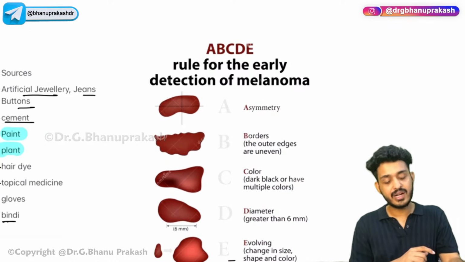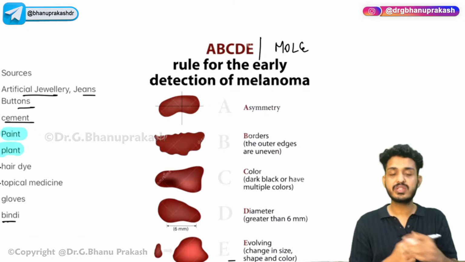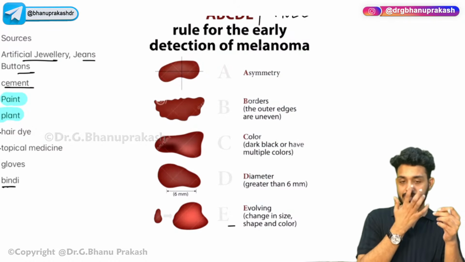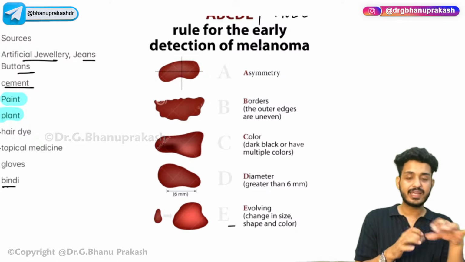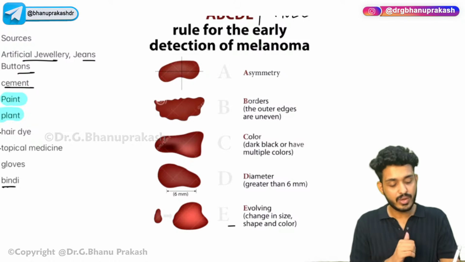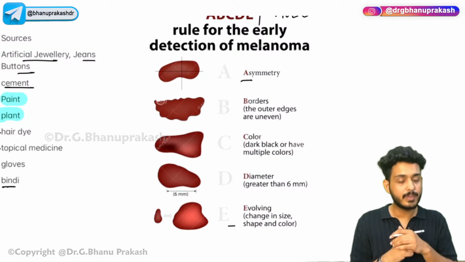And now lastly we are distinguishing between a melanoma and a mole. How will we distinguish, sir? We need to check for melanoma. We will be ruling it out with the help of A, B, C, D, E. They have already given questions based on this, but now they can change any of the options. So A for asymmetry, just remember it can be asymmetrical, I'm talking about melanoma.